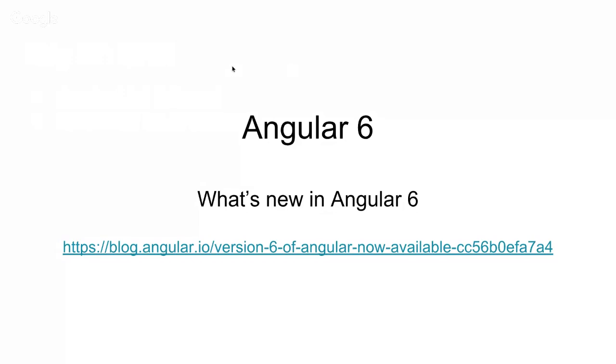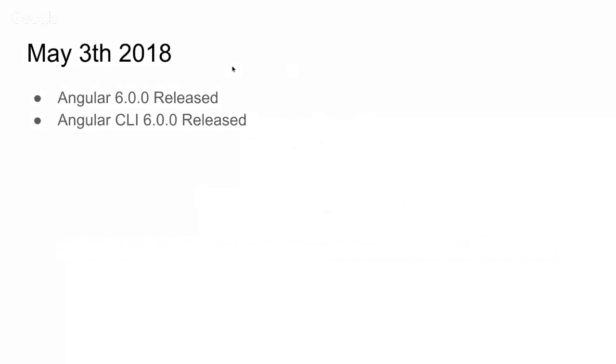The first thing I want to talk about that's new with Angular 6 is that they have unified the version numbers between the CLI and the actual Angular library. I don't know about you guys, but when I was using Angular, I'd be looking at the CLI and I'd be on version 1.7.4 or whatever, but I'd be running Angular 5. And I'm looking at it and I'm like, how do I know that this CLI matches up?